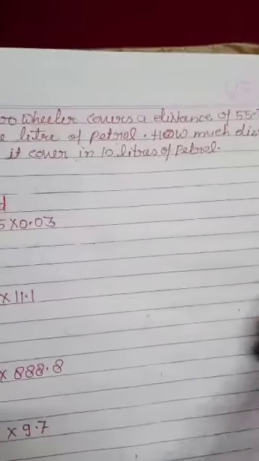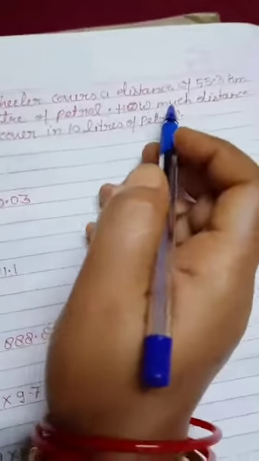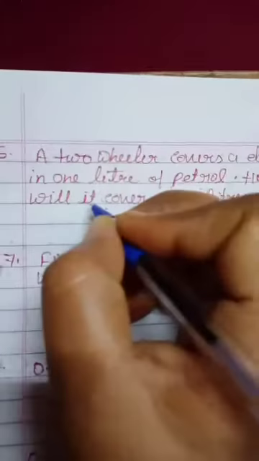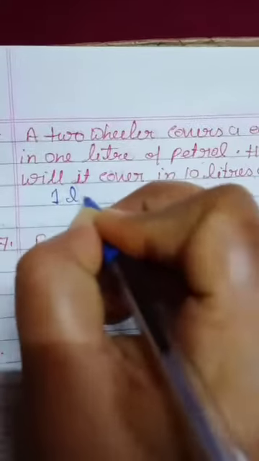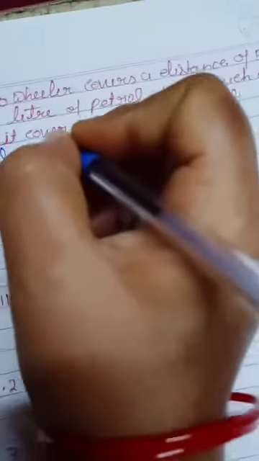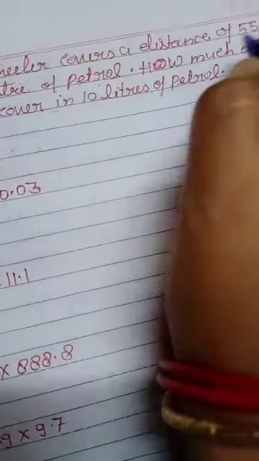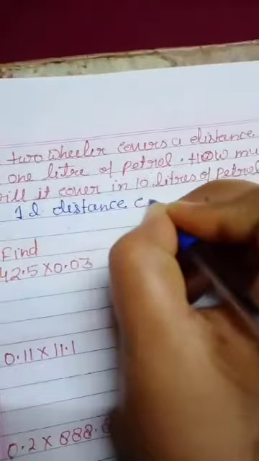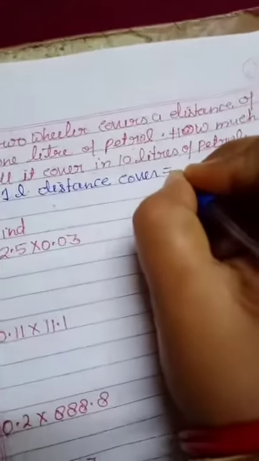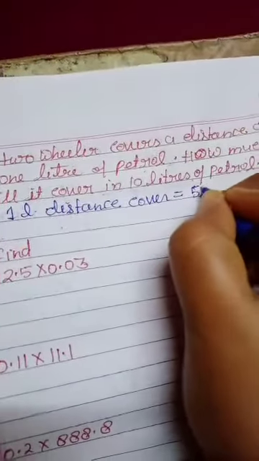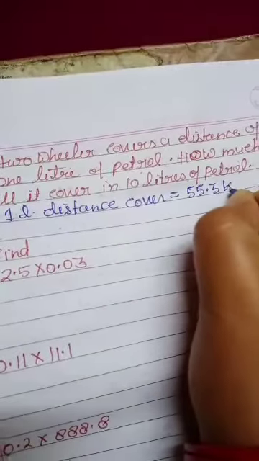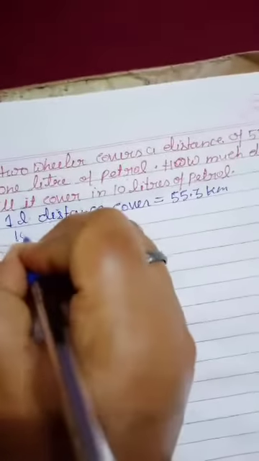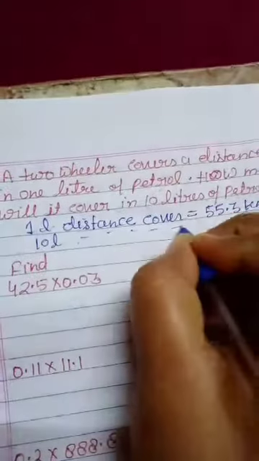So see, in 1 liter, distance covered is equal to how much? 55.3 kilometers.